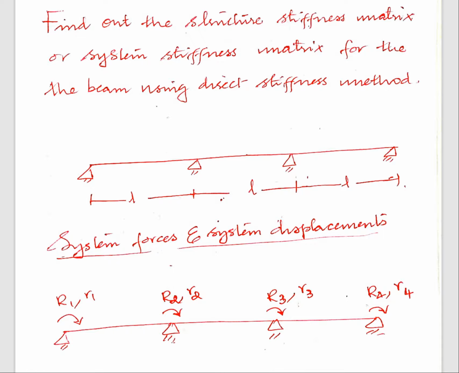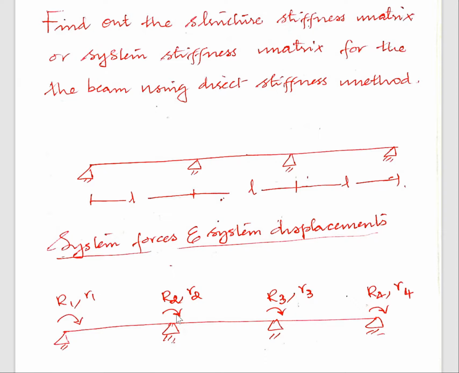First of all, let's mark the system forces and system displacements. Here, though there are no forces acting on the beam, we have to mark the dummy forces and the displacements. At the first joint, as shown, the joint load is capital R1 and the displacement is small r1.